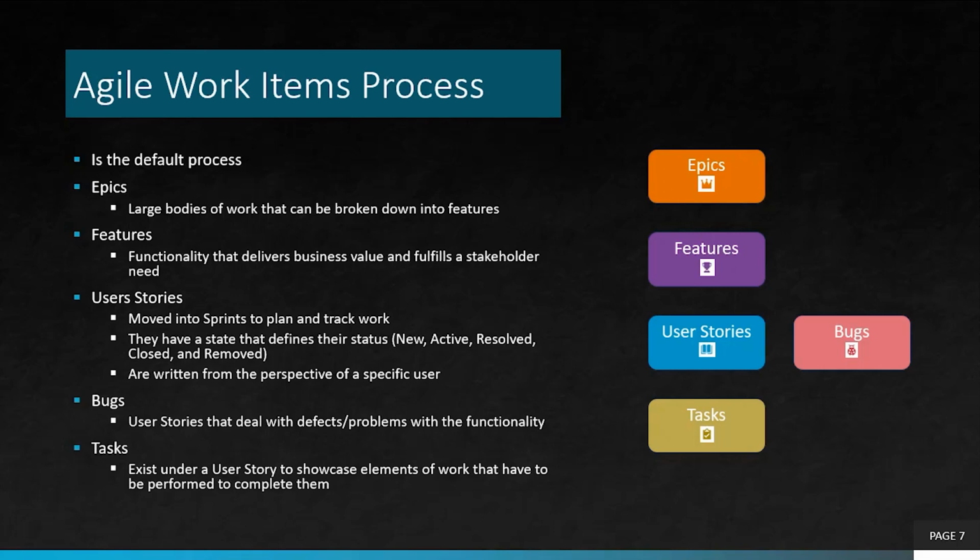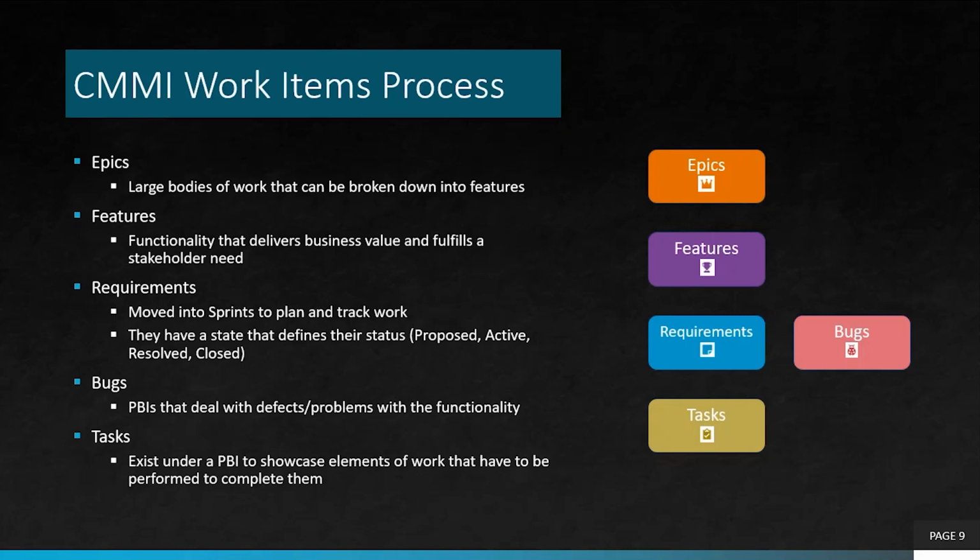So now let's move into the CMMI work item process. In this one, it's very similar to the Agile work item process, but the main difference is that what before used to be called a user story, in this work item process is called a requirement. But all the other parts are the same.